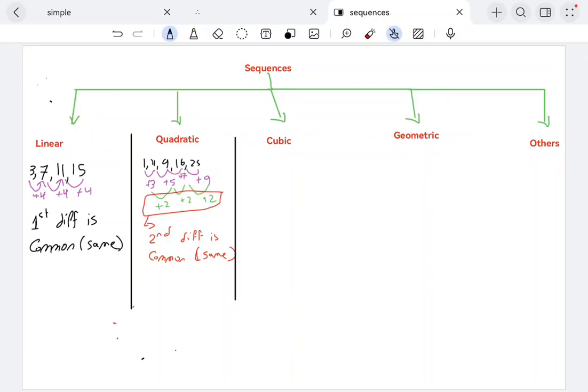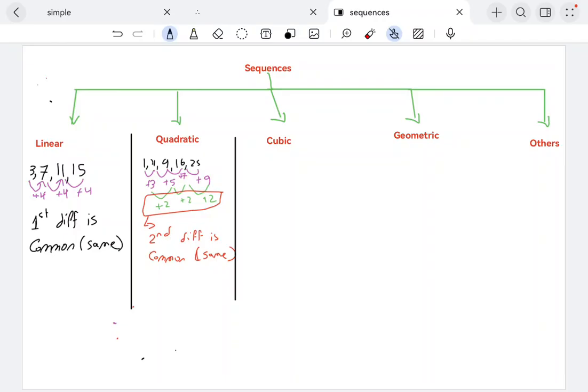I'm sure now that everyone can guess how we figure it out. So linear is first difference is common. Quadratic, second difference is common. Cubic, yeah, I can hear you guys, it's third difference is common. You are correct.